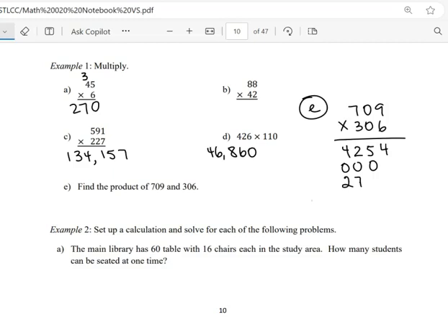Because 3 times 0 is a 0, so I can put the 2 in there. I know the next digit right here is going to be a 0 plus 2. And then 3 times 7 is 21. So 4, 5, 9, 6, 1, 2. 216,954 is the answer to your part E.